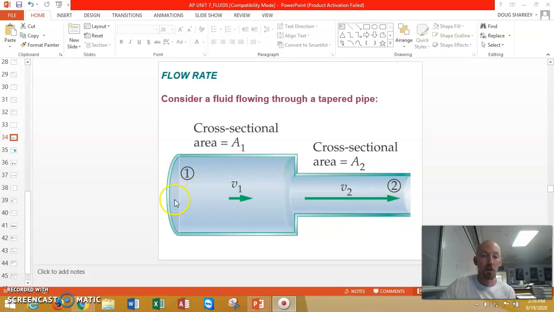Cities tend to use large pipes, and they don't move the water that fast relative to other things. All of our water mains are very large, and the water's not moving quite that fast. As it gets closer to your house, all they have to do is take the pipe and make it smaller, and the velocity can increase. It's just like you putting your thumb over the end of a hose.